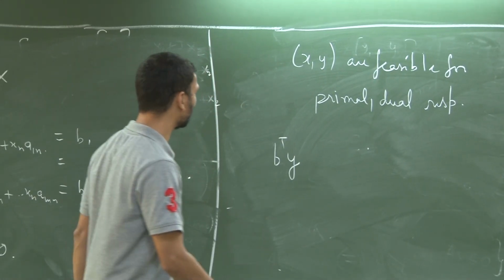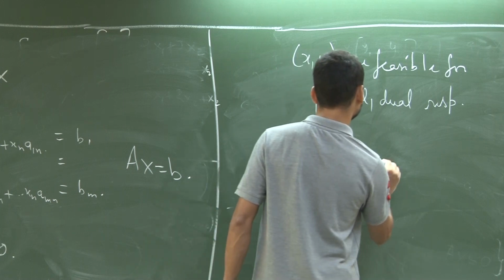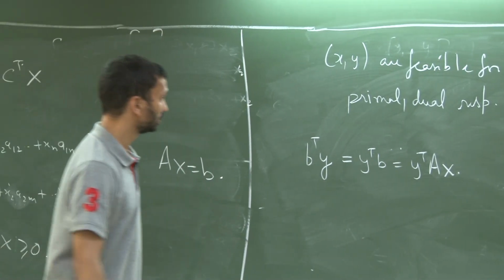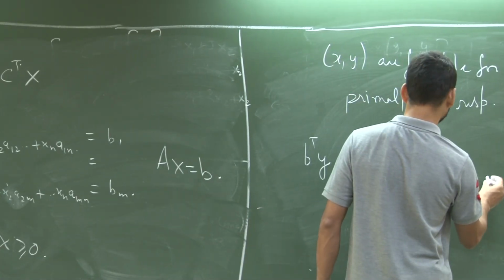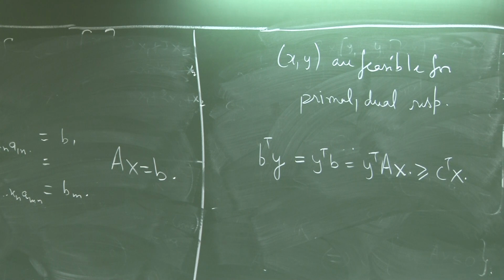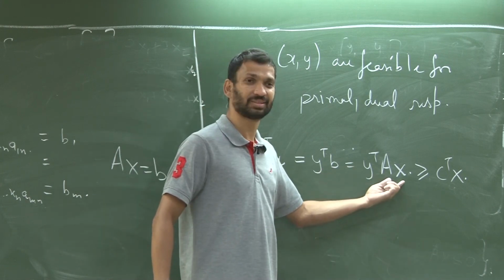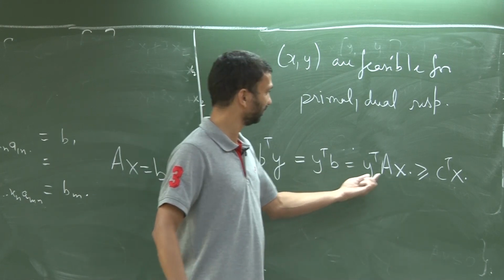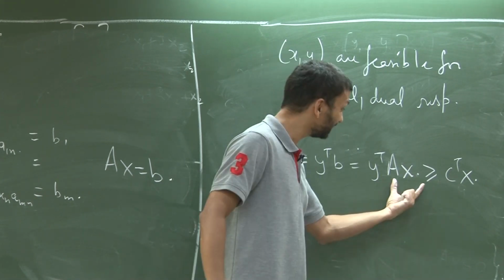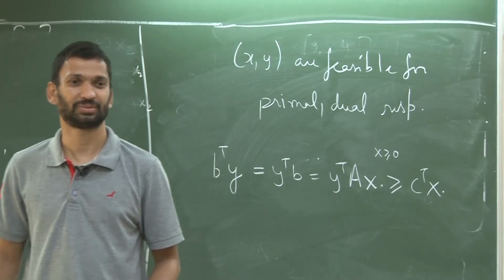So now you have B transpose y, and then B is Ax for some x. And this y transpose A is greater than C. And this inequality will only happen because x is greater than or equal to 0.